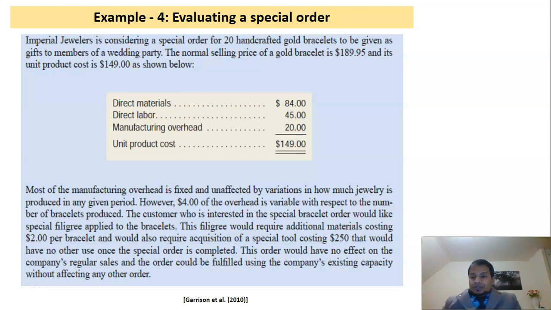And the order could be fulfilled using the company's existing capacity without affecting any other order. So let's see what the company should do, whether they should sell it, and what price they are offering. The normal selling price is 189.